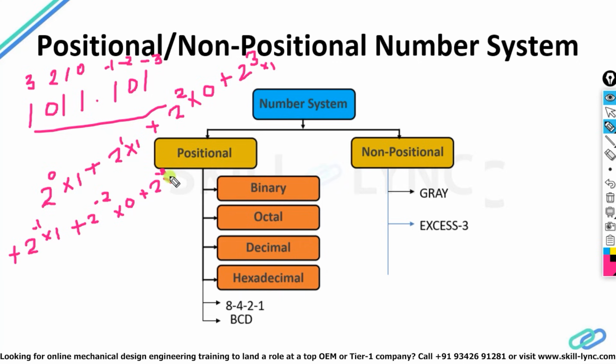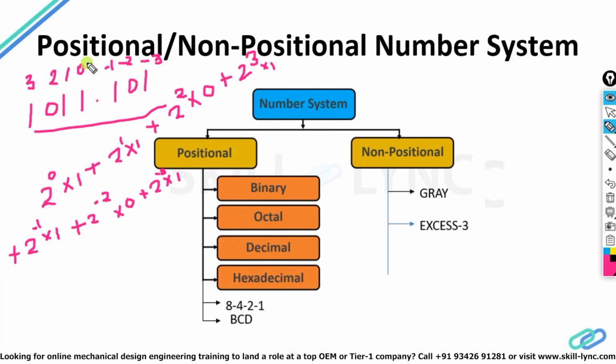What I am doing, I am just multiplying the values. See, the value is 1 having the position 0. So 2 to power 0 means it is having the form r to power 0. R means radix. So in case you are converting binary to decimal, you will take 2 to power 0 into 1.